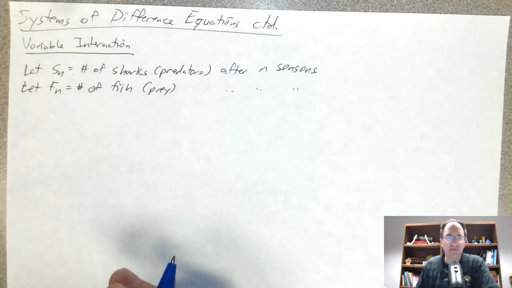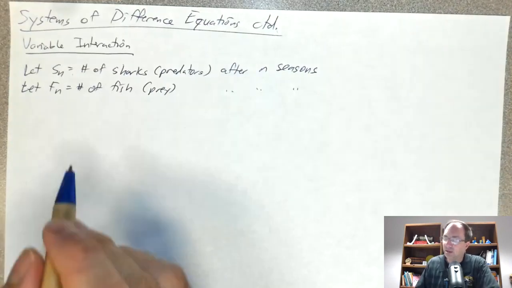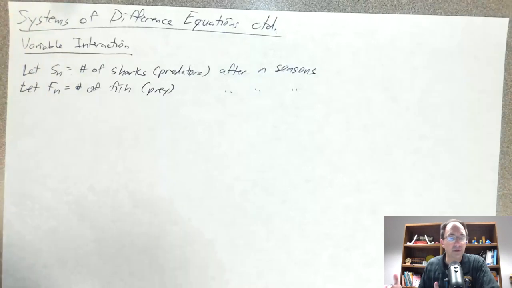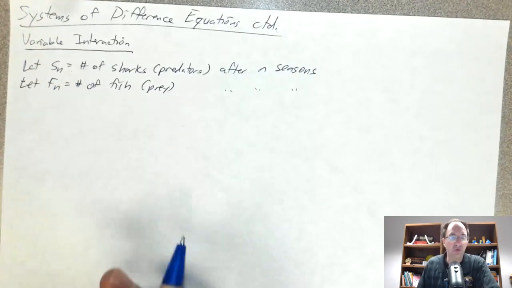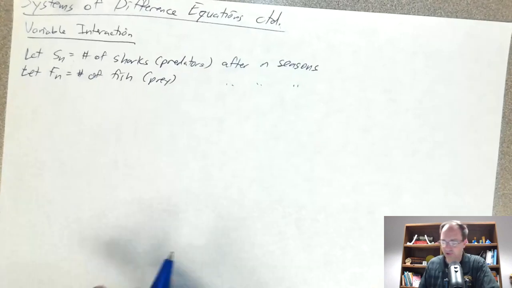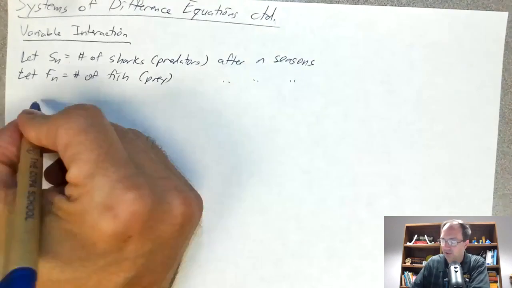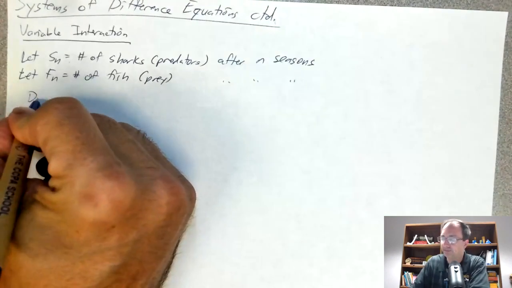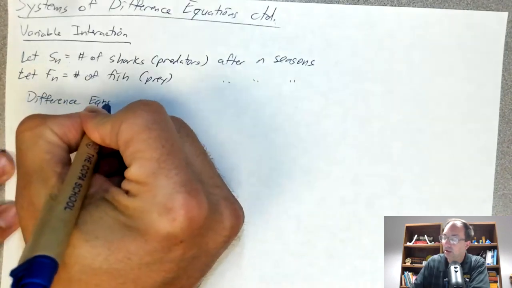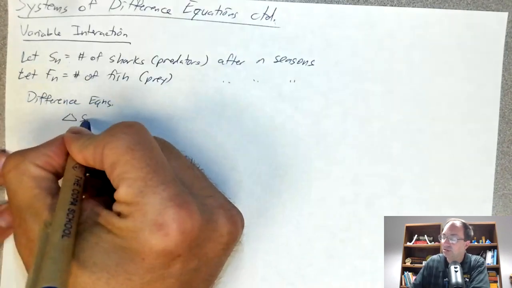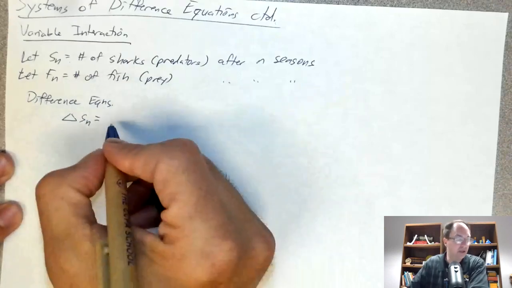And as we might expect, the number of fish presumably are going to grow if there aren't sharks around, and the number of sharks would die off if there aren't fish around. So we can model that with a difference equation. So the change in sharks, we expect to go down.